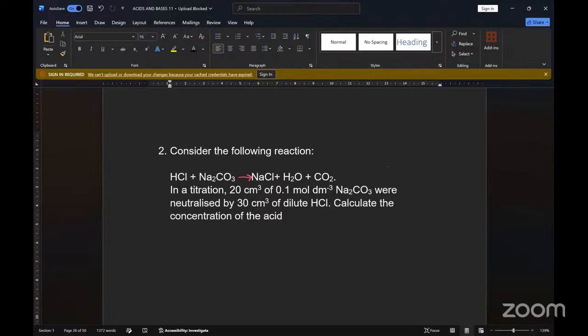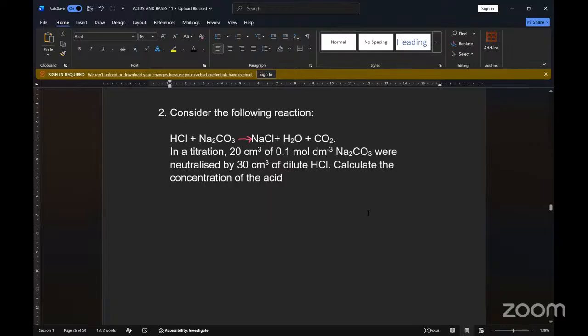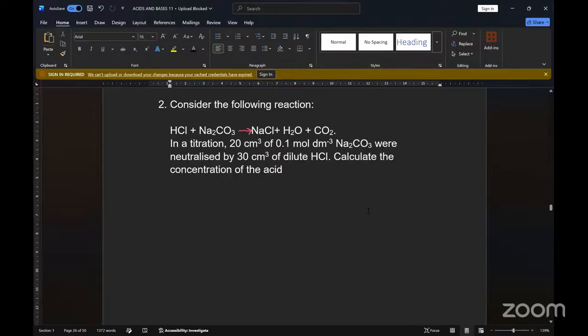So this is a titration, and to answer this question, I'm going to draw your attention to something.